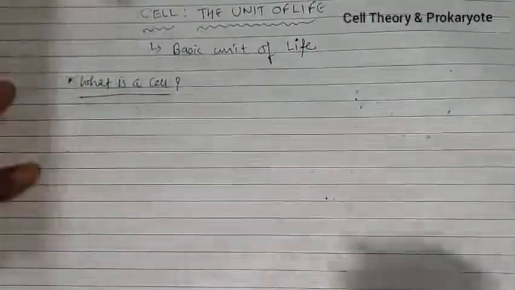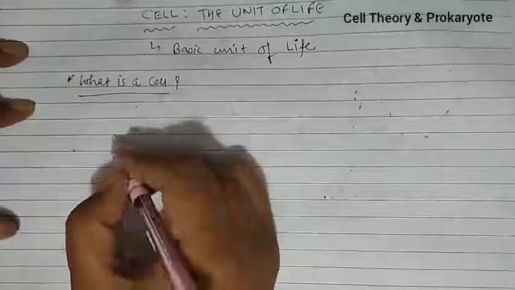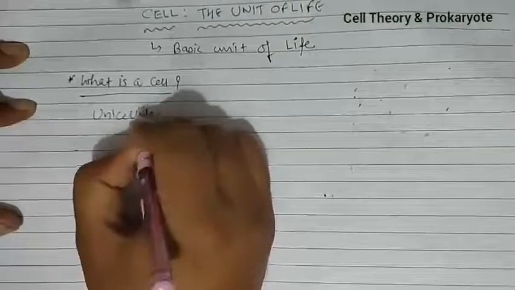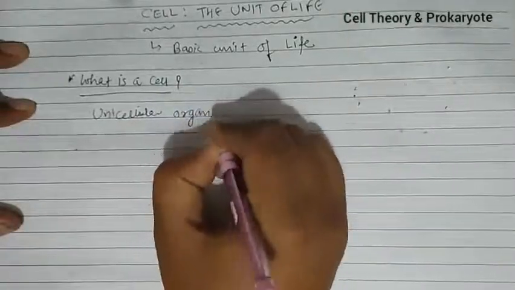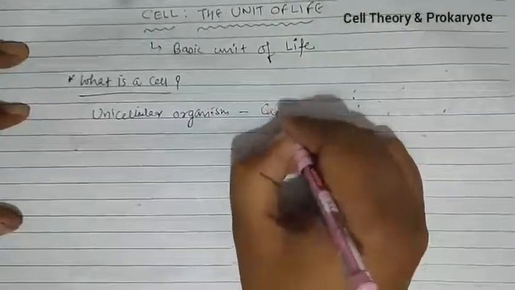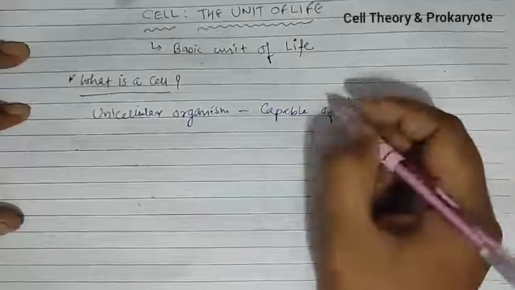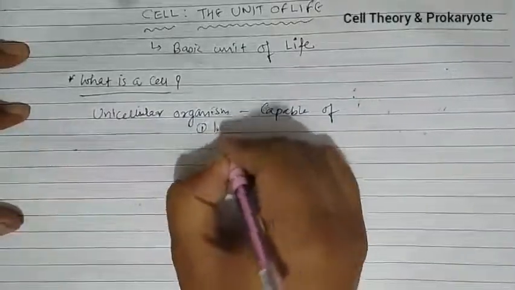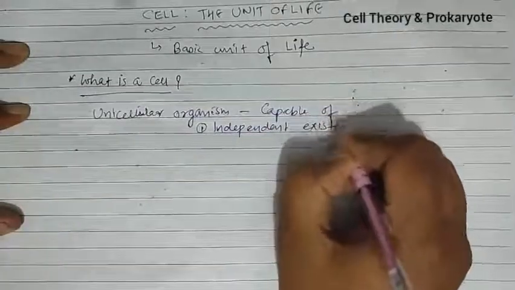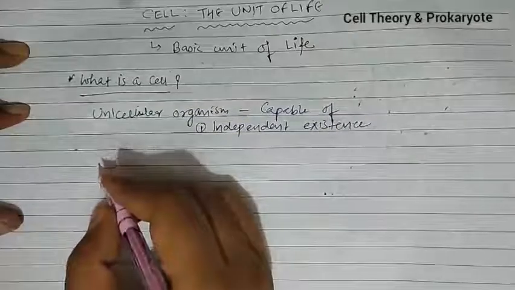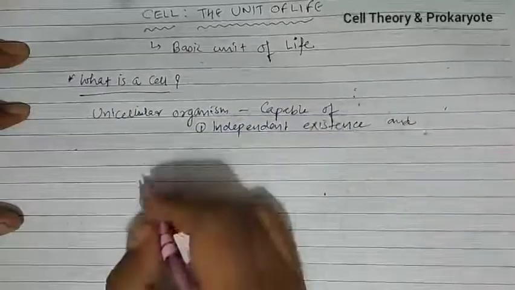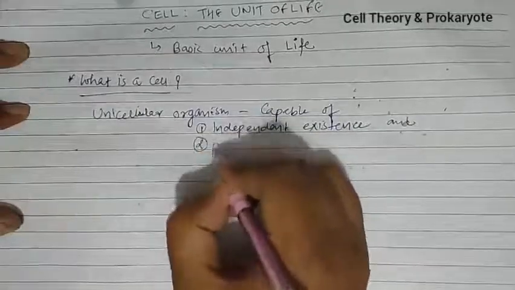If we focus on this question, we get the answer that when we look at a unicellular organism, these are capable of independent existence and performing essential functions of life.